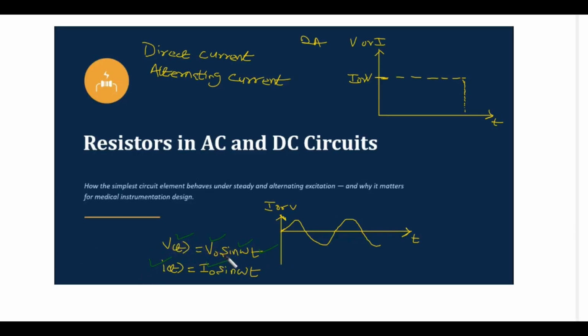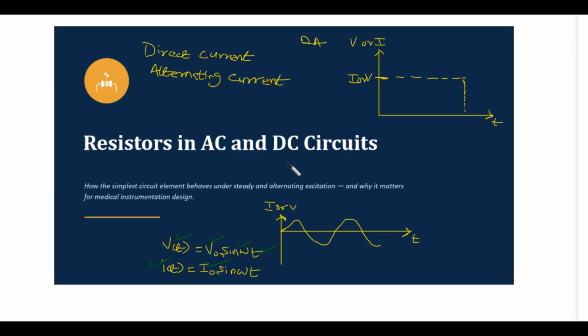So an alternating current can go through a resistor. A direct current can also go through a resistor. What we want to see in this short discourse is how a resistor responds in an AC circuit or in a DC circuit. How is power dissipated?